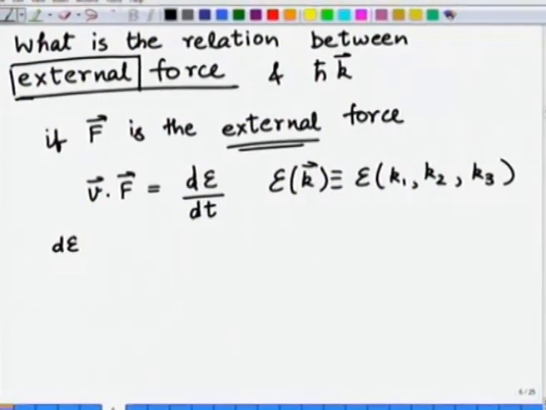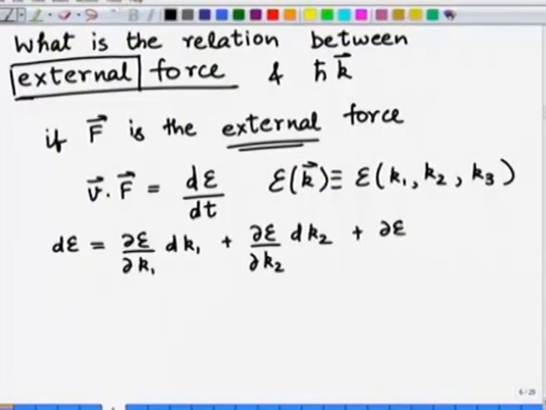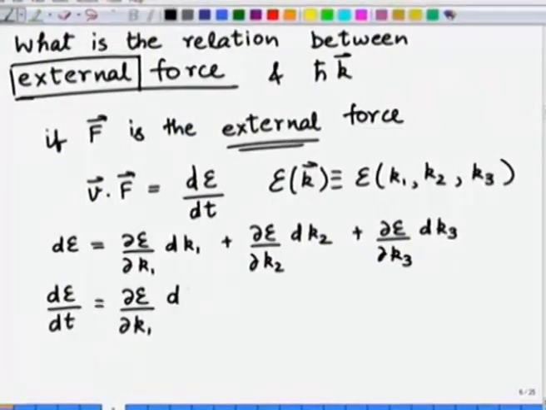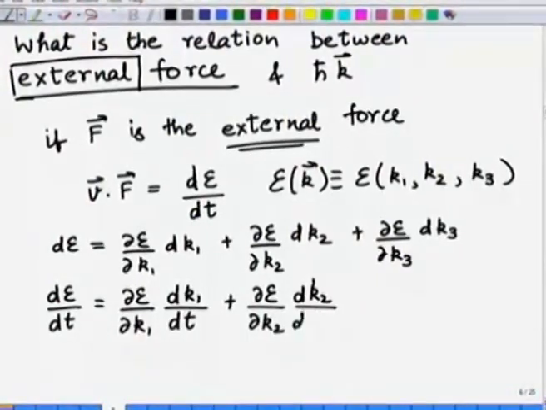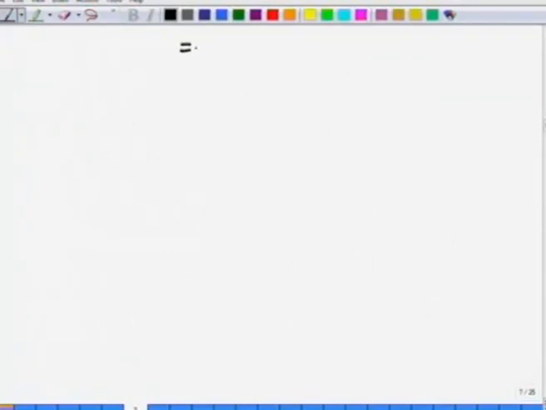So, dE is clearly equal to del E/del k1 dk1 plus del E/del k2 dk2 plus del E/del k3 dk3, and therefore dE/dt is del E/del k1 dk1/dt plus del E/del k2 dk2/dt plus del E/del k3 dk3/dt, which I could write as del E/del k vector dot dk/dt.